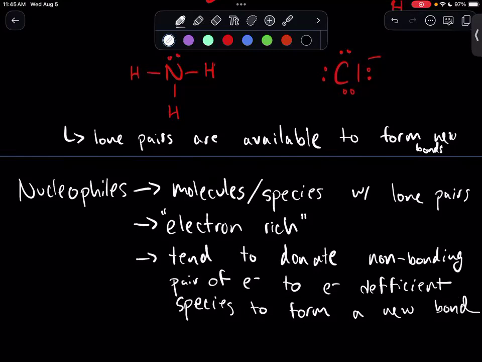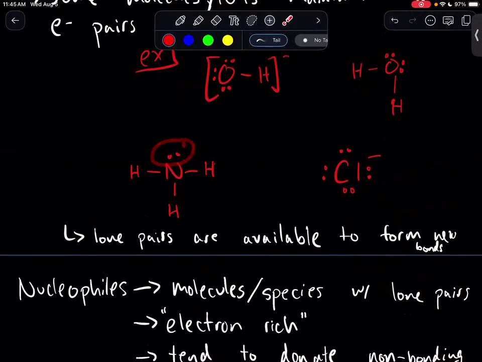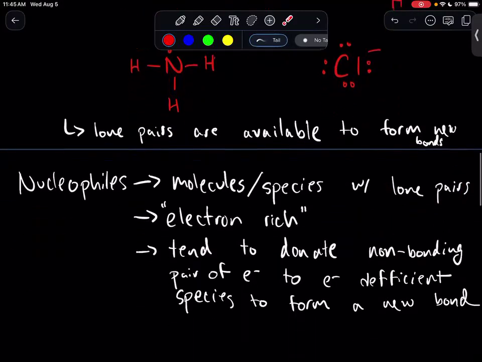So I've used quite a bit of terms here, and I'm just going to repeat some of them. When I say lone pairs or lone pairs of electrons, I'm also referring to non-bonding pairs of electrons. Those are the same thing. If we look over here, this is a lone pair of electrons, but also we can refer to it as a lone pair or a non-bonding pair, as opposed to these bonds, which are bonding pairs of electrons. Furthermore, we're saying they are electron rich, and they will try and donate those electrons to something that is electron deficient.